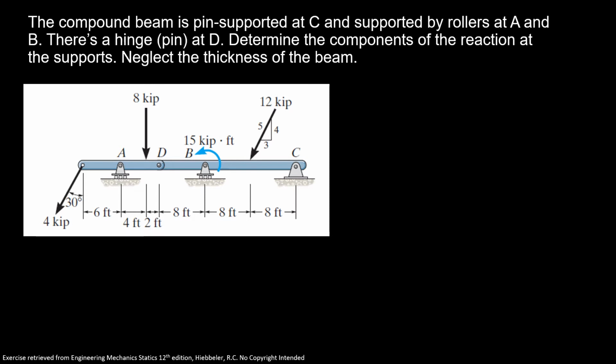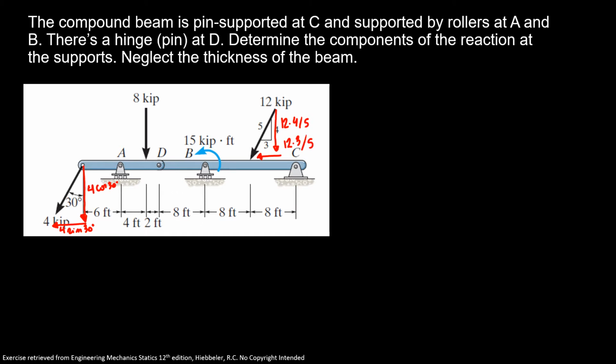we're gonna find our components for our forces. So here is our 4 cosine of 30, and here is our 4 sine of 30. And here we have 12 times 4 over 5, and here we have 12 times 3 over 5.